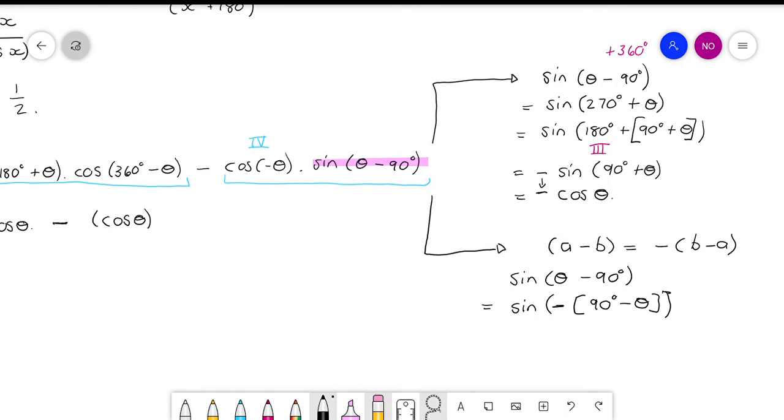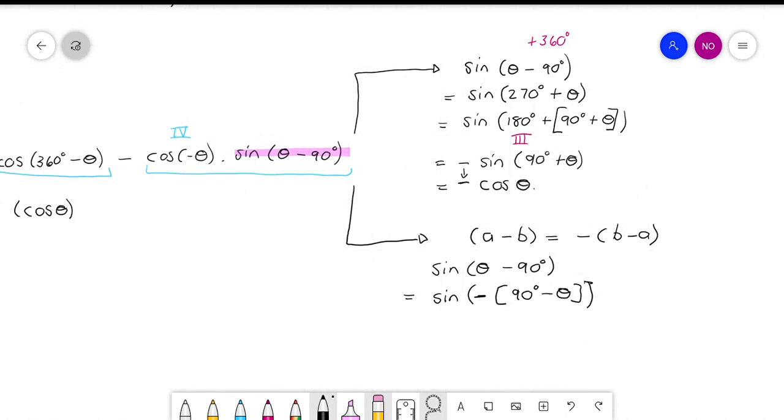Now, if you have sine of a negative angle, in which quadrant is that? 4.